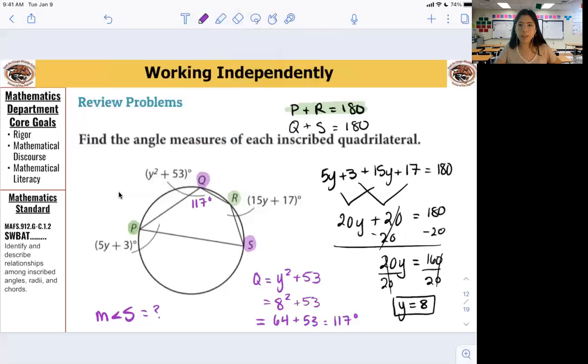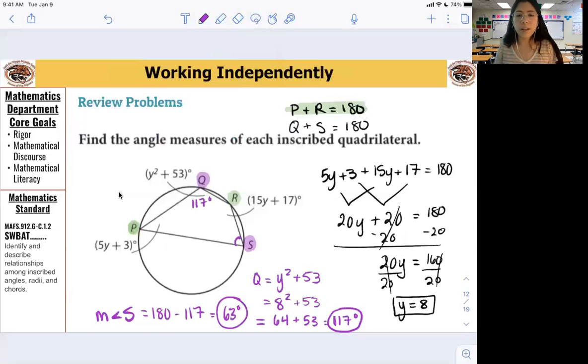And if Q is 117 degrees, then we know that it's supplementary with S. So what's 180 minus 117? 63. 63 degrees. So this was like a 3-step process.